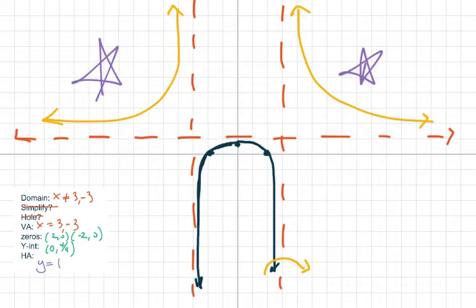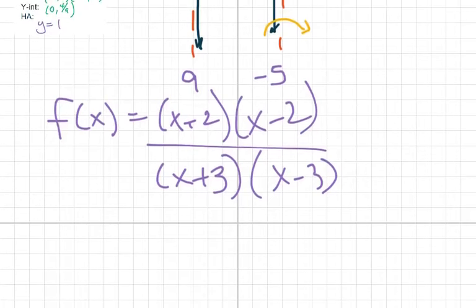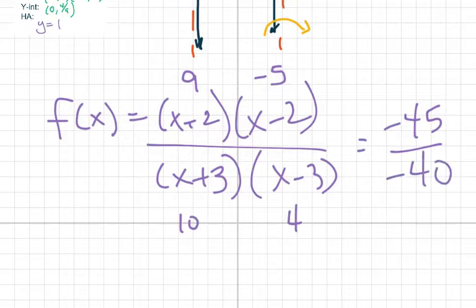Okay, let's plug in 7. 1, 2, 3, 4, 5, 6, 7. Okay, so if I plug in 7, I'm going to have 9 times 5, and then in the bottom I have 10 times 4. Okay, so I have 45 over 40.